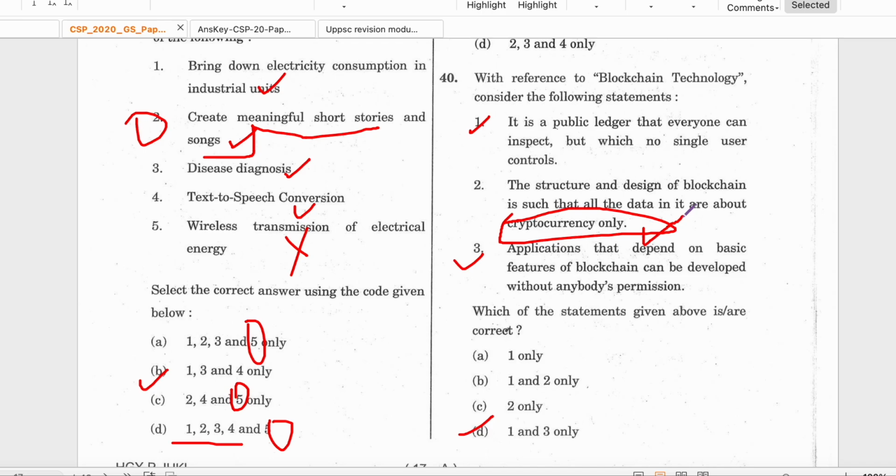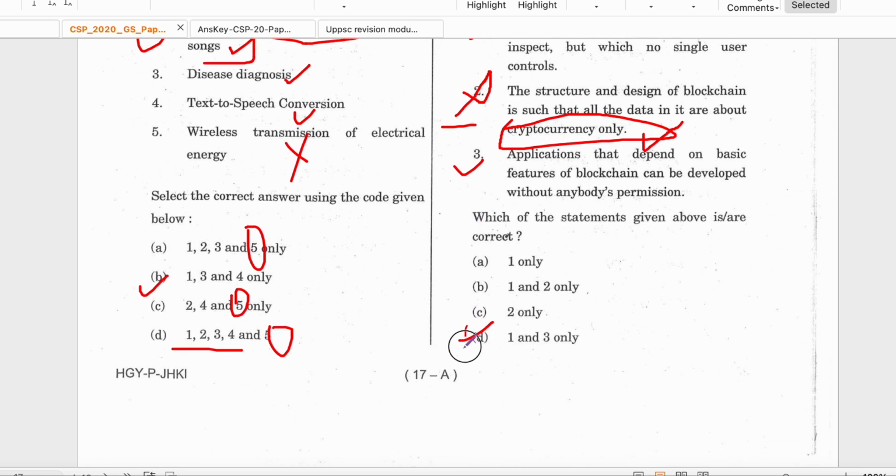Blockchain technology is about this, but the basic features can be developed by anybody. Otherwise, it will become very rigid. It should have a mix of flexibility and rigidity. Nevertheless, you don't need to worry too much about this. And this was wrong. Option D was correct.